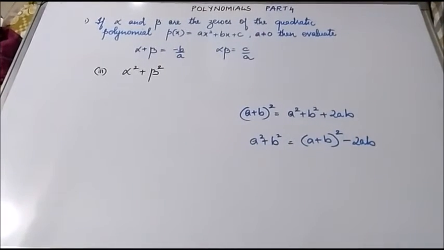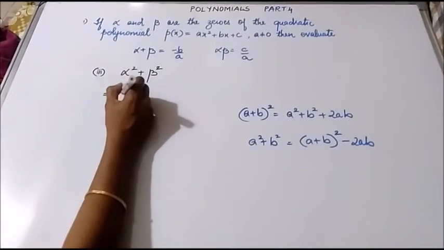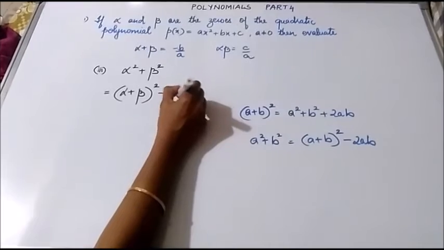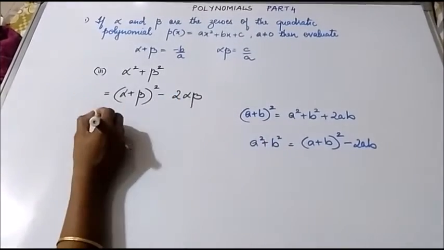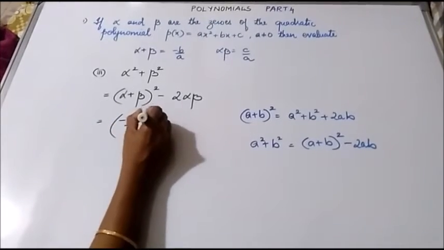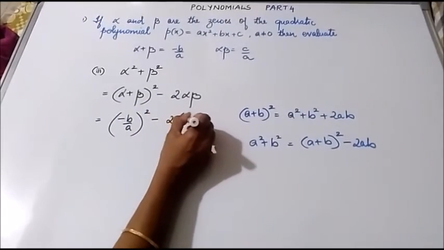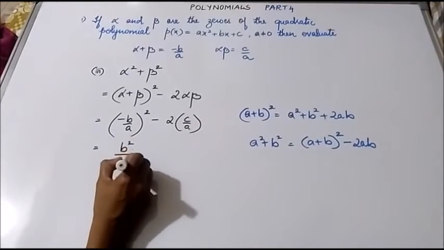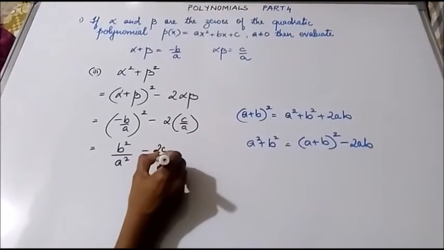We use this identity and we rewrite this as alpha plus beta the whole square minus 2 alpha into beta. What's alpha plus beta? Minus b by a the whole square. Alpha into beta is c by a. That will give me b square by a square minus 2c by a.